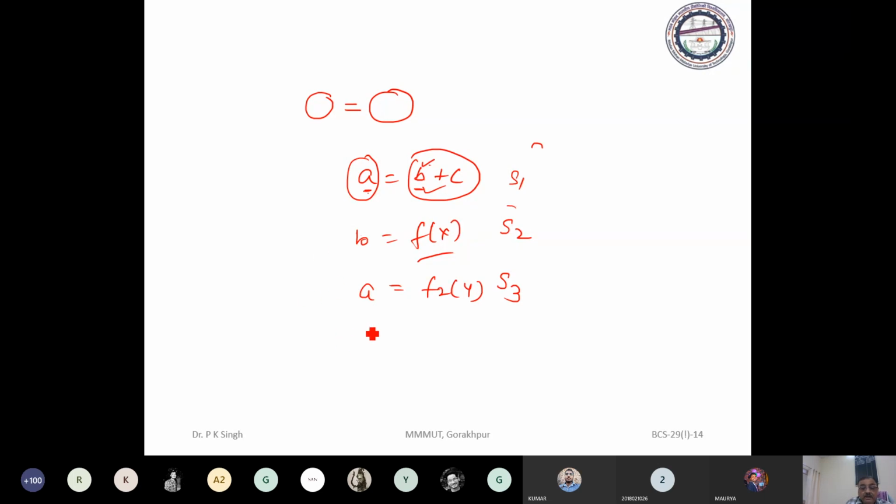Third, suppose in S3 we are using variable C. In that case, S1 and S3 both are using the value C. So this is also a type of dependence. So you may say we have four types of data dependence.